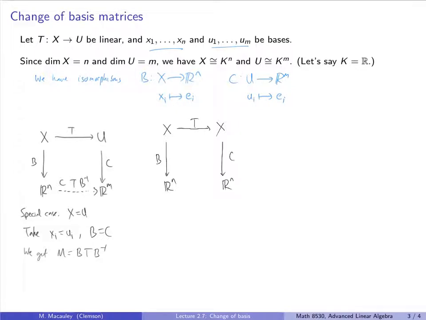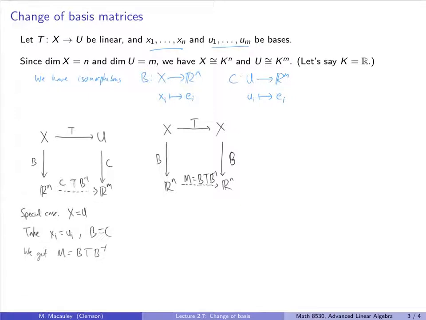And B goes from X to Rn again. And now this matrix here, this is M, which is B, T, B inverse. And remember, we are reading as function composition right to left, B inverse, T, B.